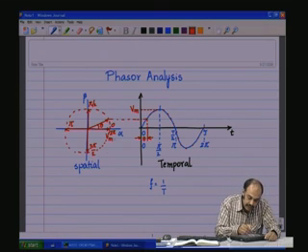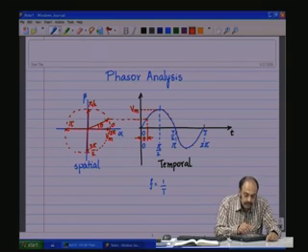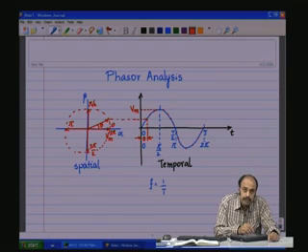So, when it comes back again to 2 pi, the amplitude would have come back to 0. So, at every position of the vector, you take the projection of the tip of that vector onto the vertical axis, and then take the corresponding angle on the time axis, and then place a point there.